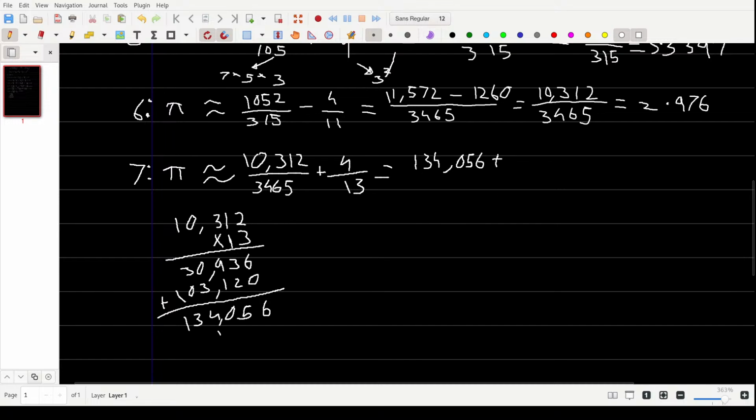And then this times 20, so you get 1, 3, 8, 6, 0. And then you do the denominator. The denominator is this times this.